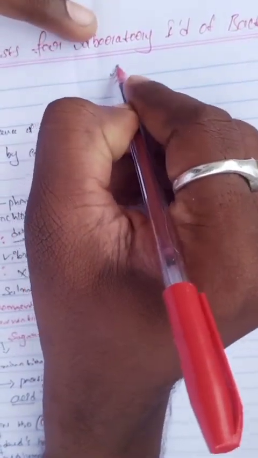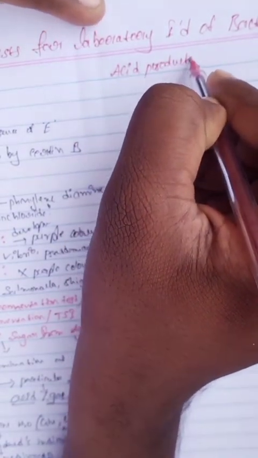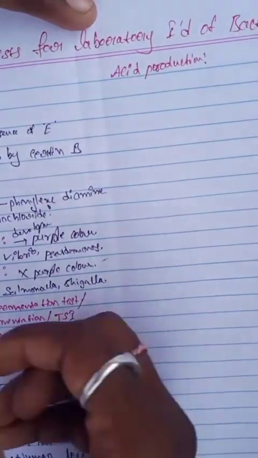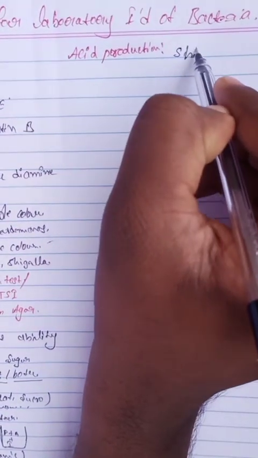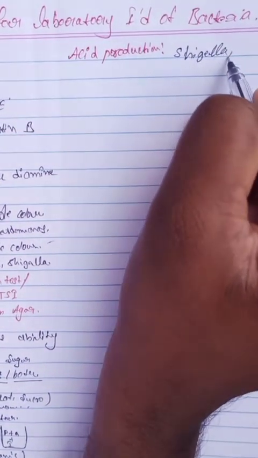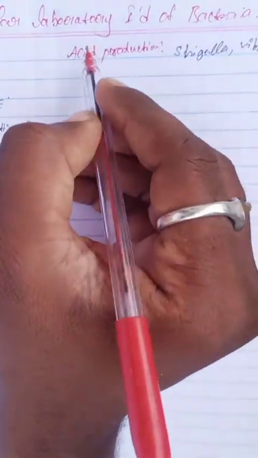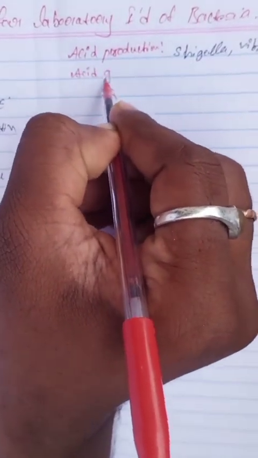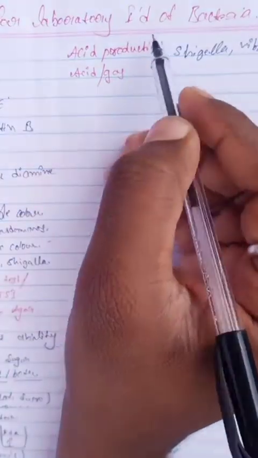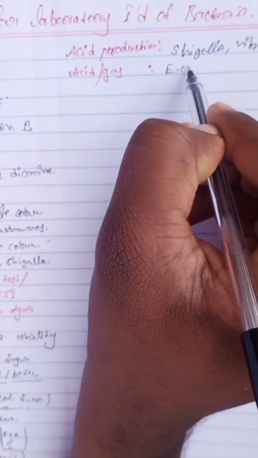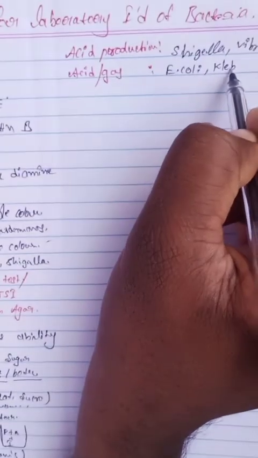So what are the examples? In case of acid production only, examples are Shigella and Vibrio cholerae. Next, where both acid and gas are produced: Escherichia coli, E. coli, and Klebsiella.